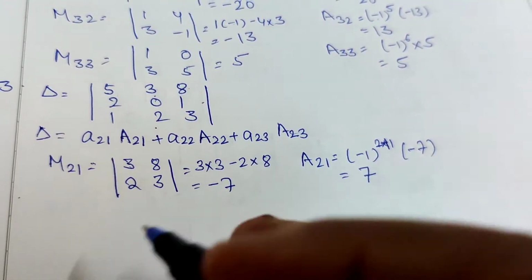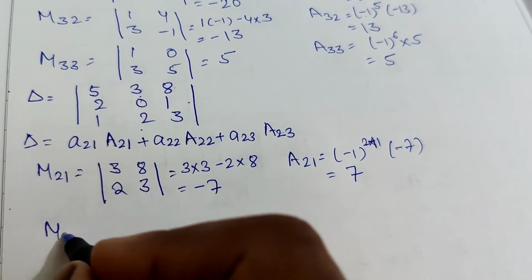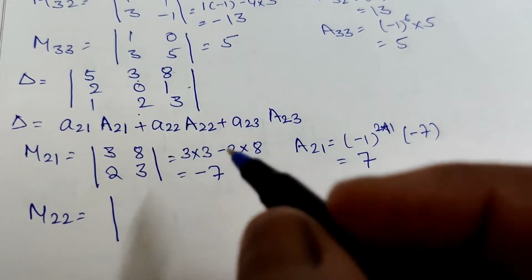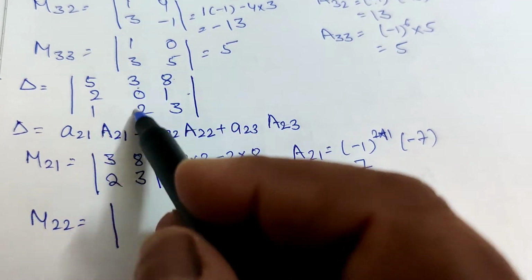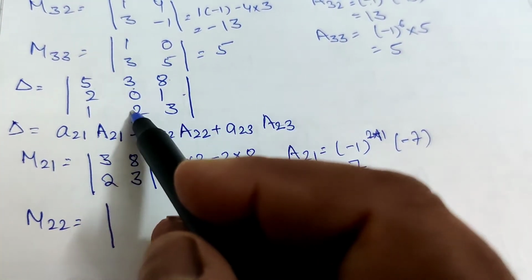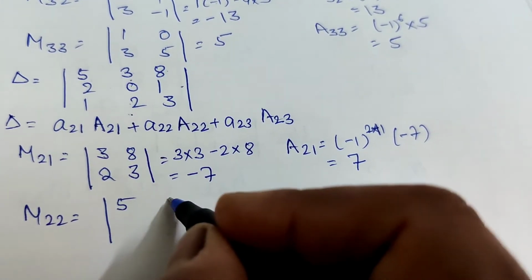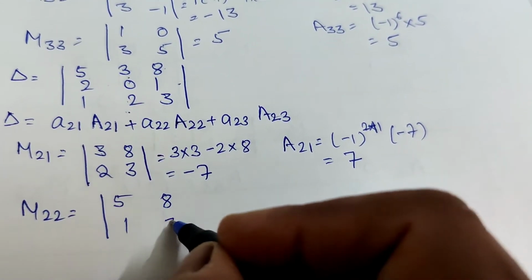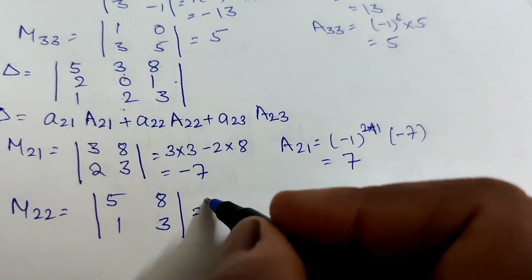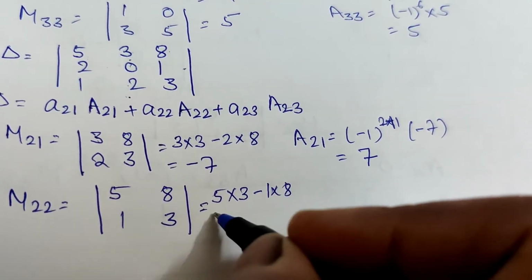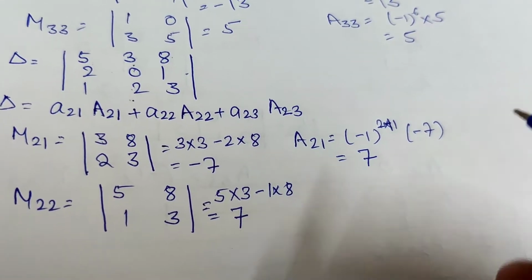Next, A22. There first we have to find the minor M22. M22 means second row, second column. Eliminate second row, second column. It is 5 8, 1 3. It means 5 into 3 minus 1 into 8. 15 minus 8 equals 7.